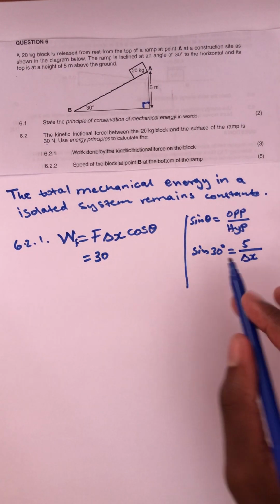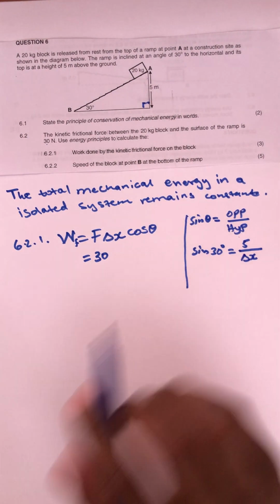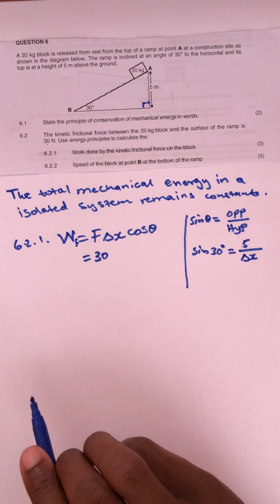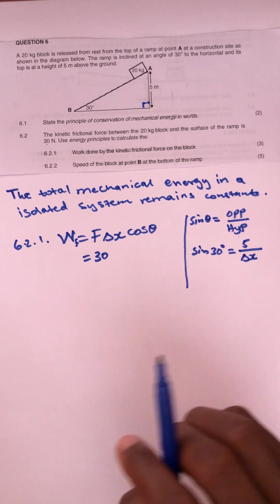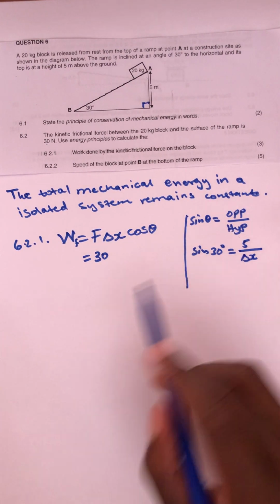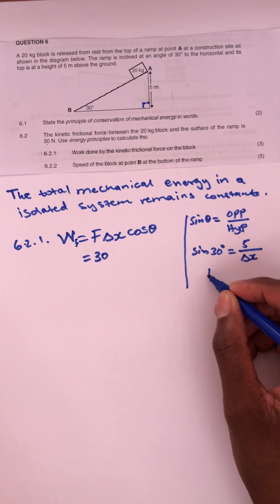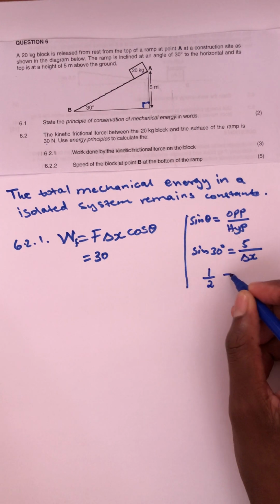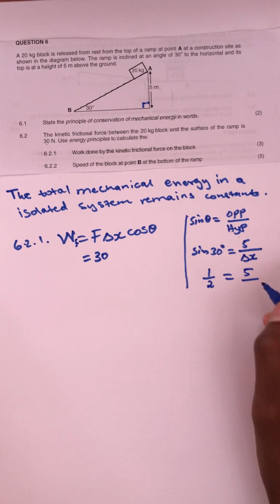Now we know that sine 30 degrees is equal to 1 over 2, so 1 over 2 equals 5 over change in x.